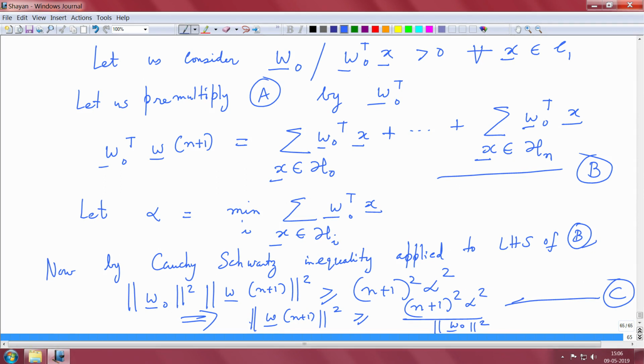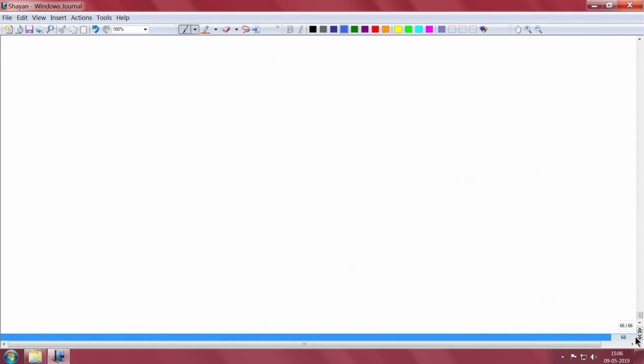So, we follow straightforwardly like what we did in the other proof, but the care that we will have to take is how the sets change as a function of your epoch. Now, we start with this recursion: W n plus 1 is W n plus summation over all x, x belonging to H n, right. We take the norm on both the sides, norm square.